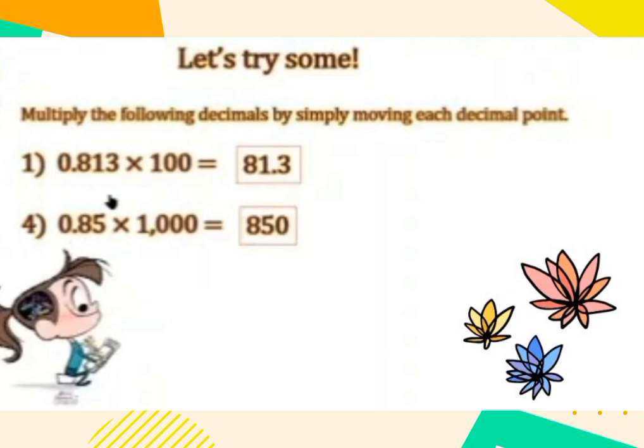Now if we want to multiply a decimal number by a power of 10, we simply move the decimal point to the right. 0.813 times 100, the number of zeros here is 2, so we move the decimal point to the right by 2 places, and we obtain 81.3. Also, if we have 0.85 times 1000, here we have 3 zeros, so we move the decimal point 3 places to the right to obtain 850.